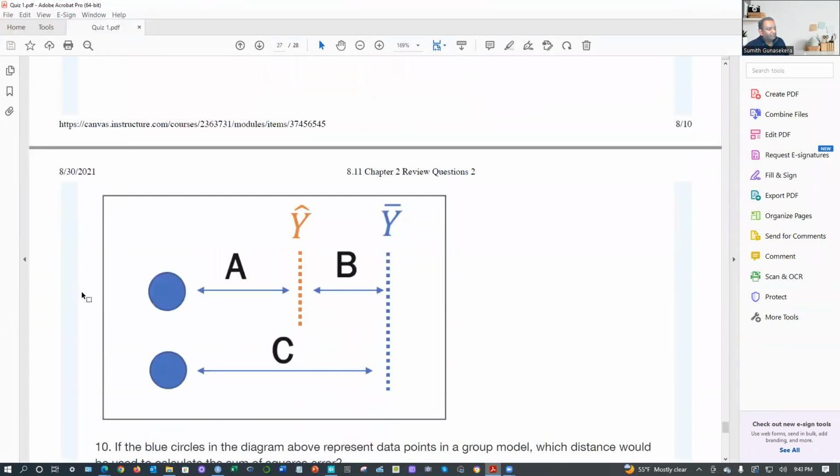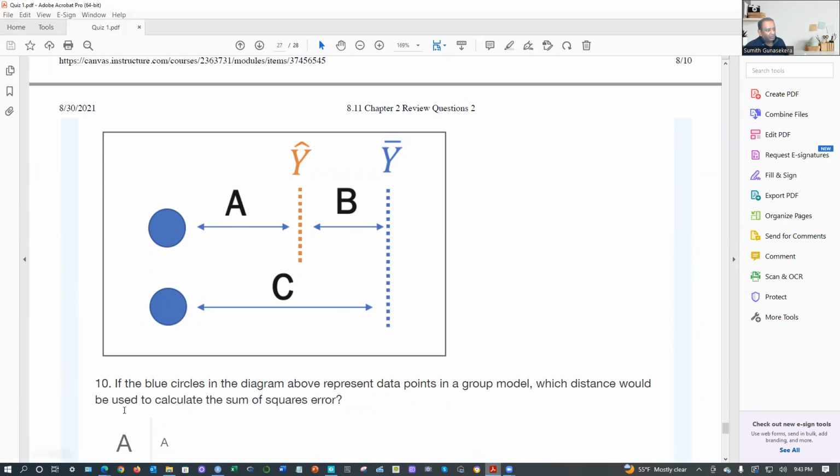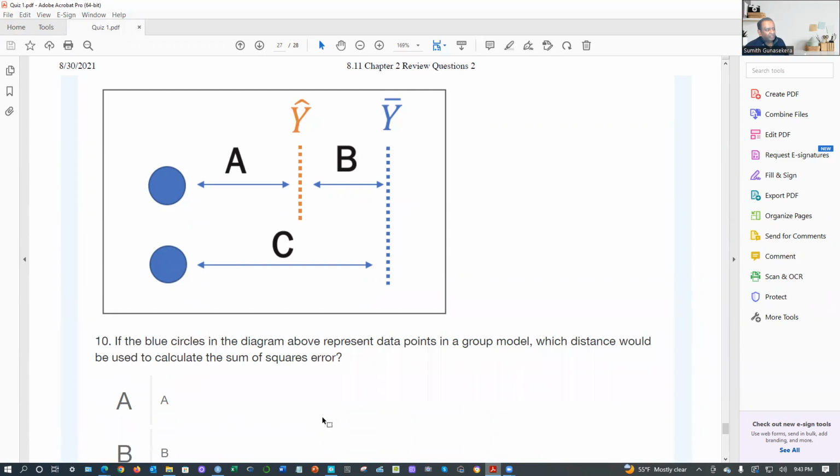Let's go to this one. You have a y hat and a y bar, and here's a point. The blue circles in the diagram represent the data points in the group model, two group models. Which distance is used to calculate the sum of squares error?